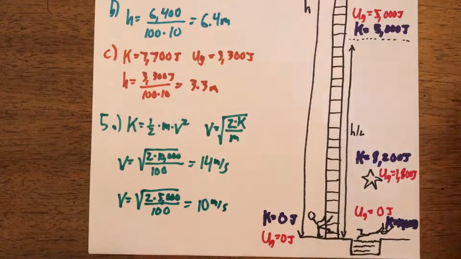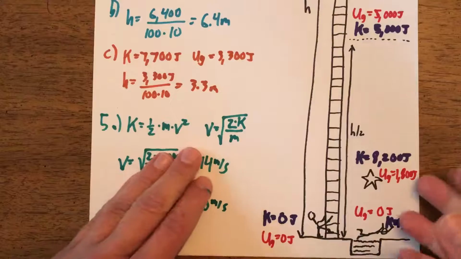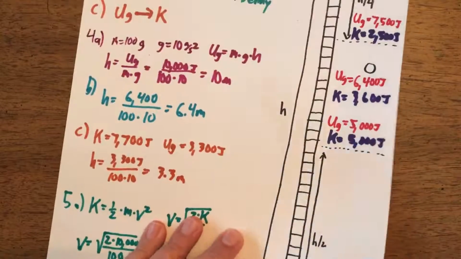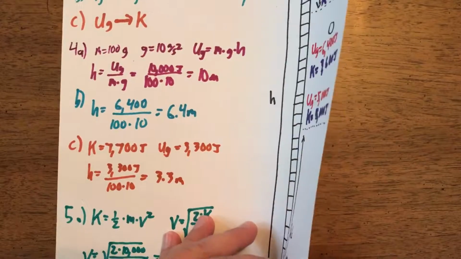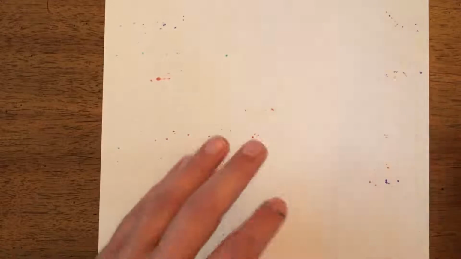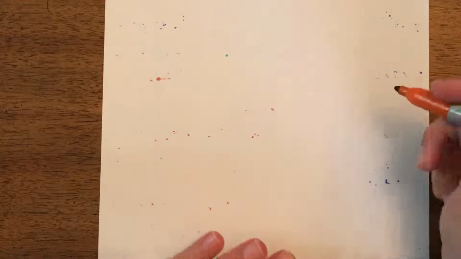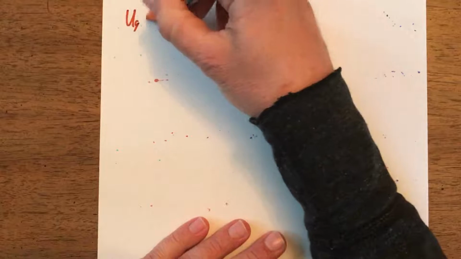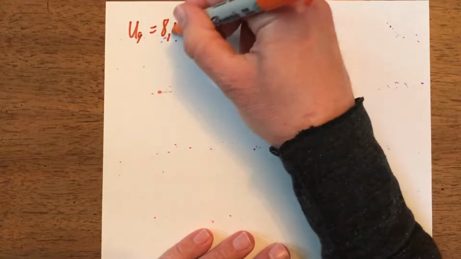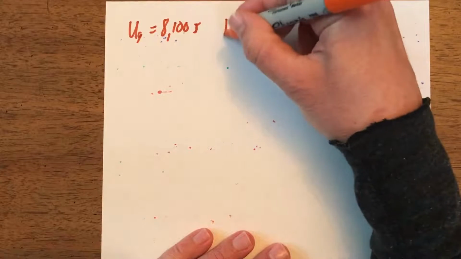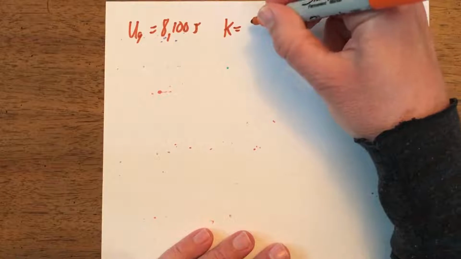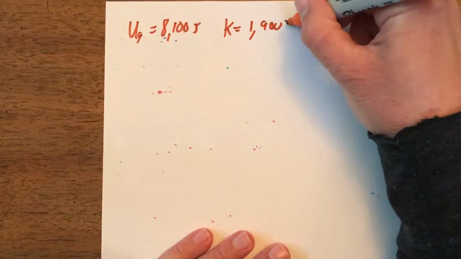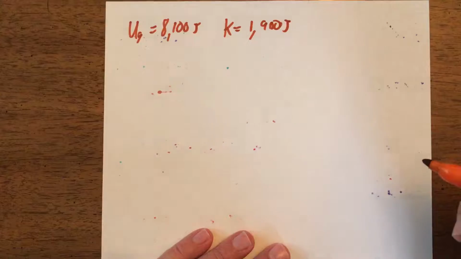So then part C, they throw a little bit of a wrench in here again by saying, what is his speed when his potential energy is 8,100? So if his potential energy is 8,100 joules, then that means his kinetic energy's got to be the remainder of that, 1,900 joules of kinetic energy.